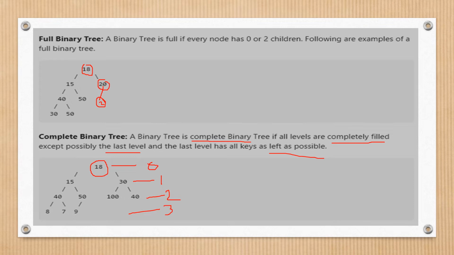But there is another definition now. It must be filled from left to right. See here, from left, last 8, 9. This is complete binary tree because it has filled from left to right in the last level. Let us say another example here.